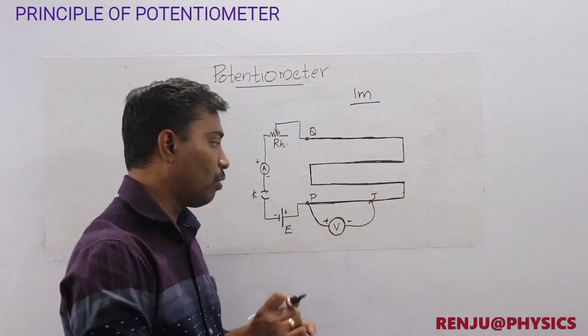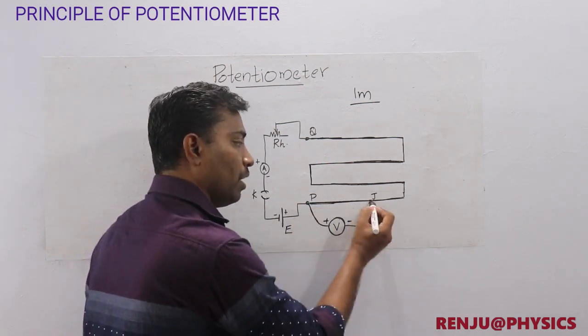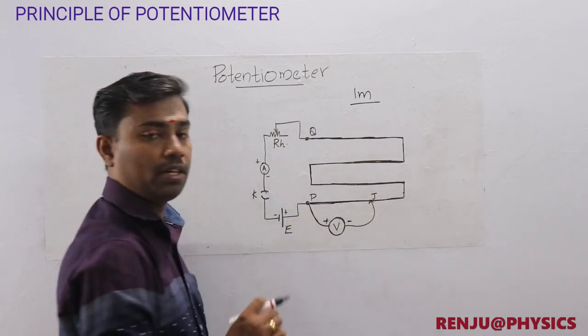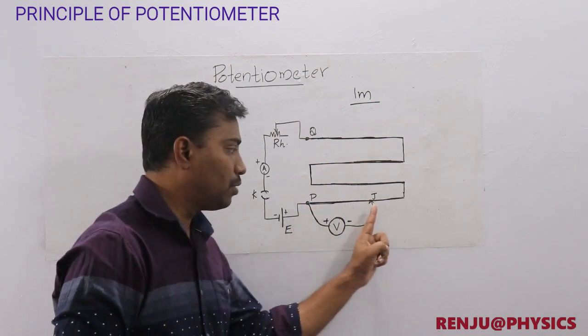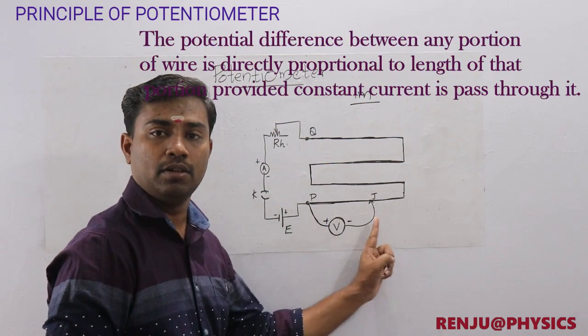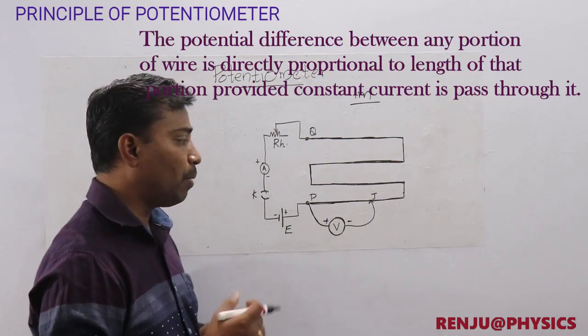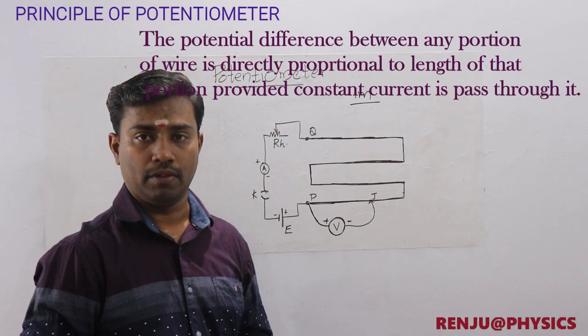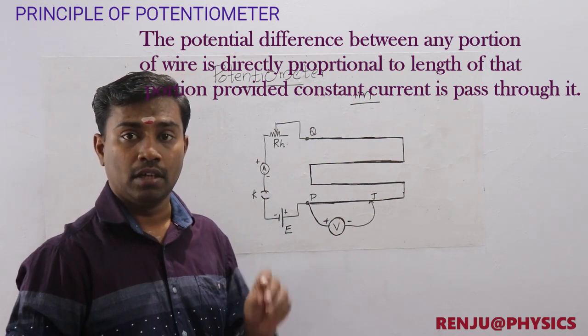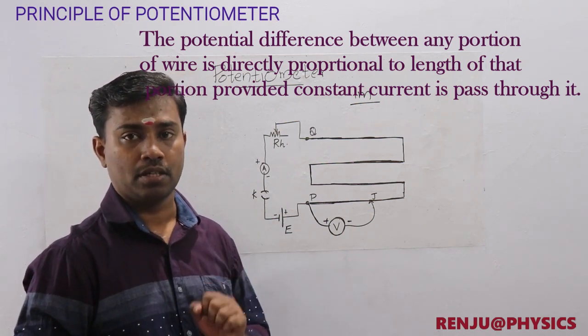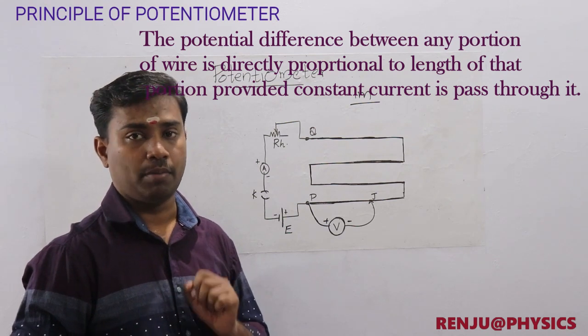The potential difference between 2 points in the wire is directly proportional to the length of the wire, provided a constant current is passed through it. That is the principle of the potentiometer.